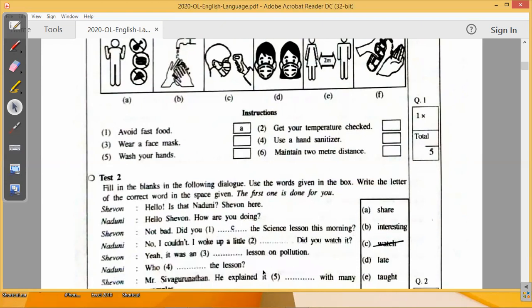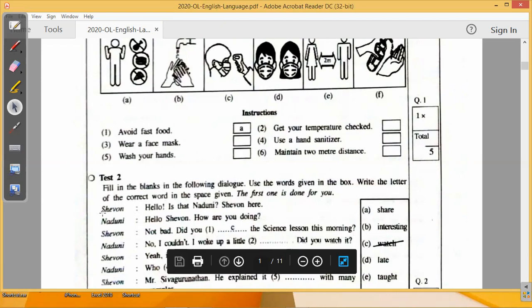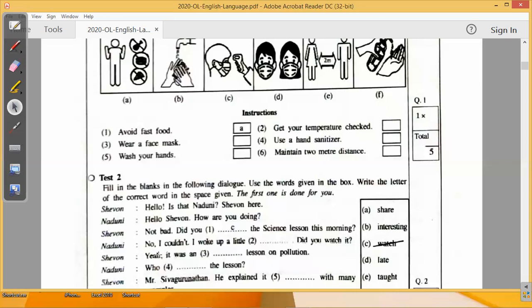Okay, now let's read this dialogue in full. Siobhan, Naduni, and there are two individuals who are discussing something. Let's go and see what they're talking about. Hello, is that Naduni? Siobhan here.